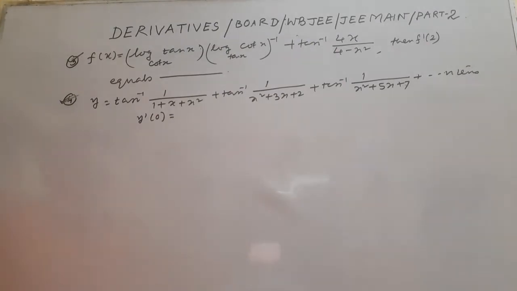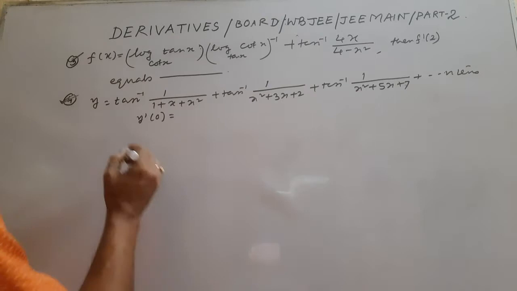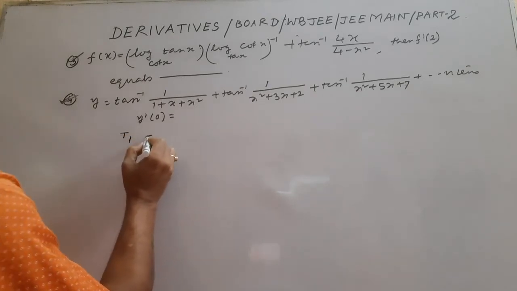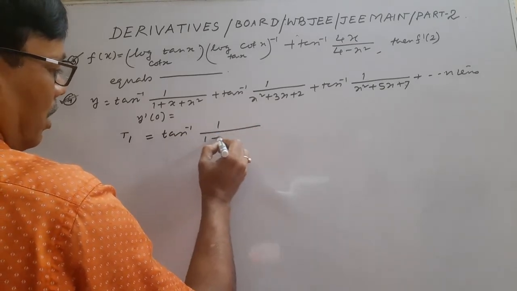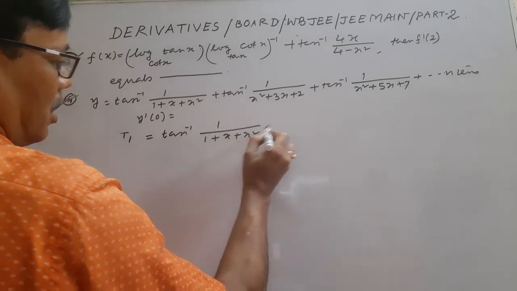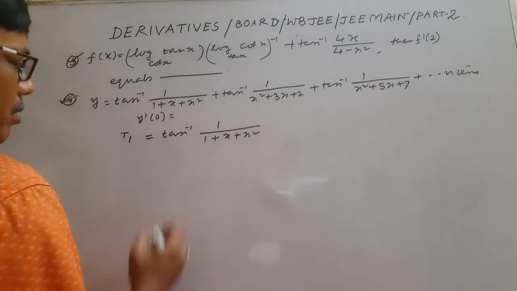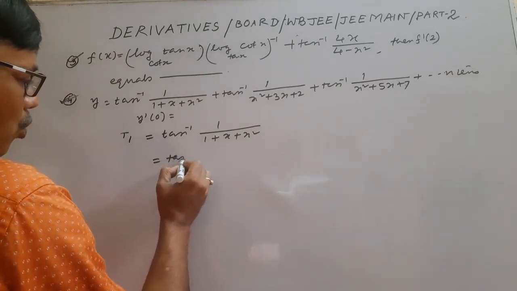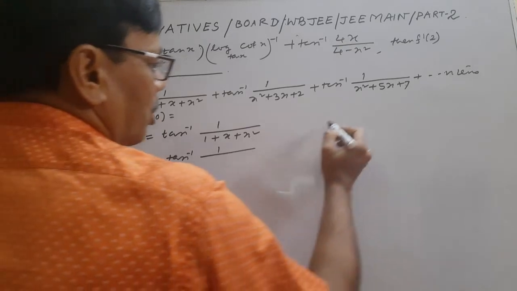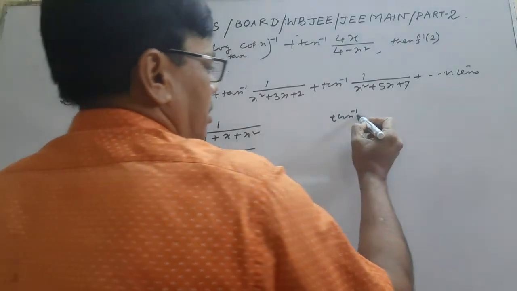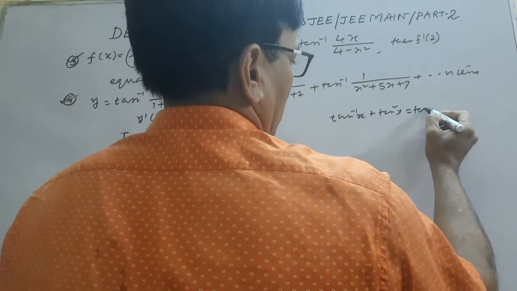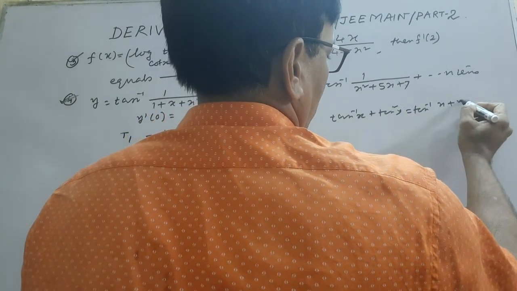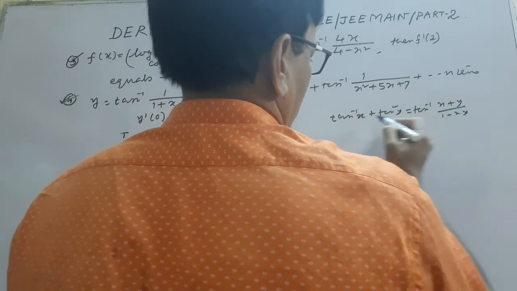So now the nth term is not given, so you have to find the nth term. Now what is T1? Actually it is a problem of inverse circular functions. This is T1. Now, you look: tan inverse x minus tan inverse y, plus minus tan inverse (x plus y) by (1 minus xy).